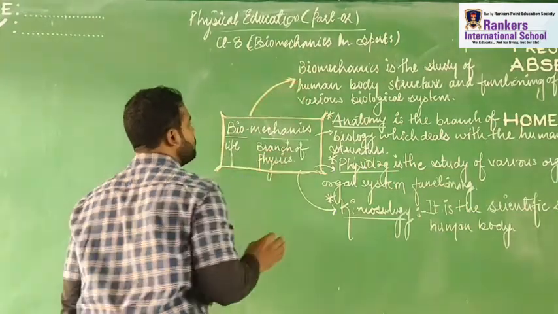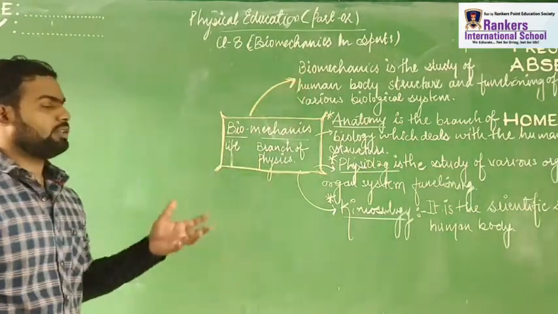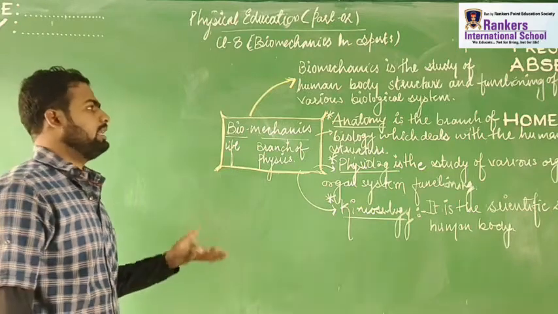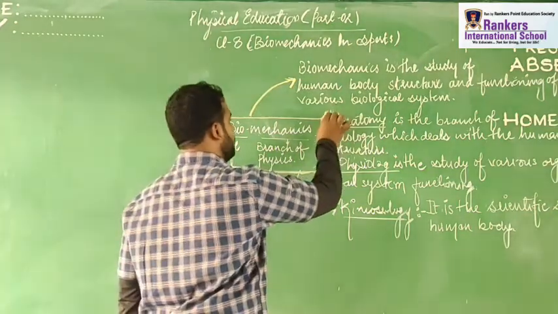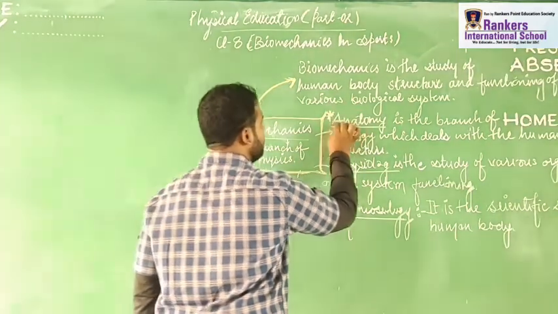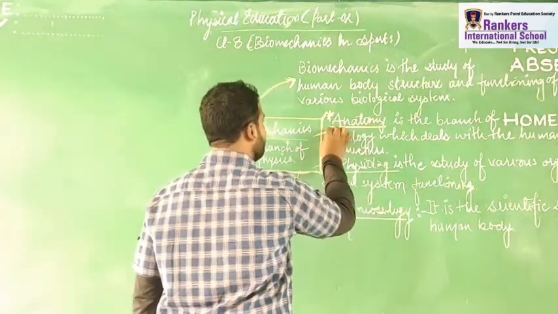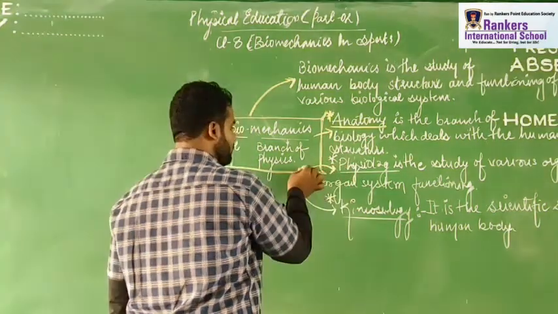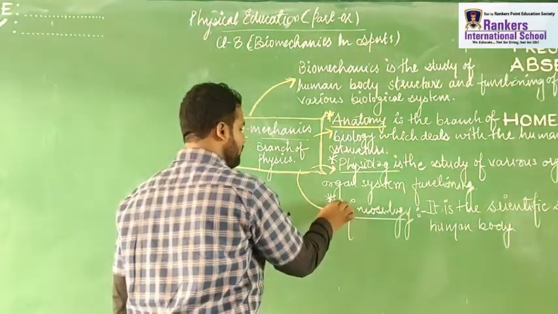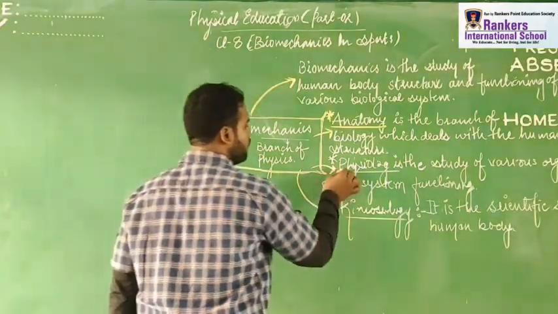Biomechanics is the branch of science that studies the human body structure and the functioning of various biological systems in the body, like the heart, the lungs, the diffusion of blood, the diffusion of oxygen into the lungs. We have various biological systems in our body that work accordingly.